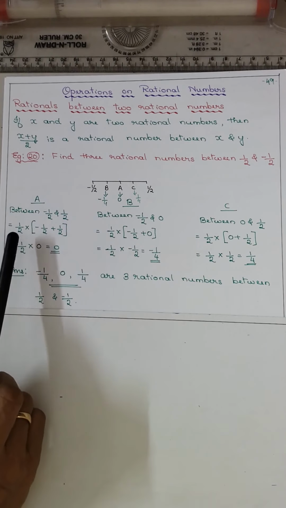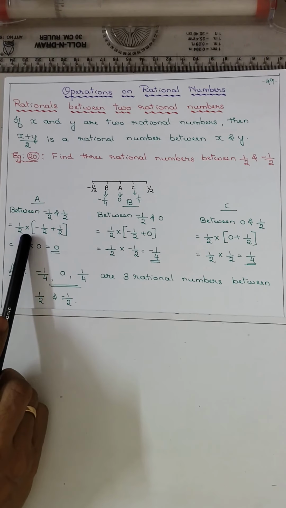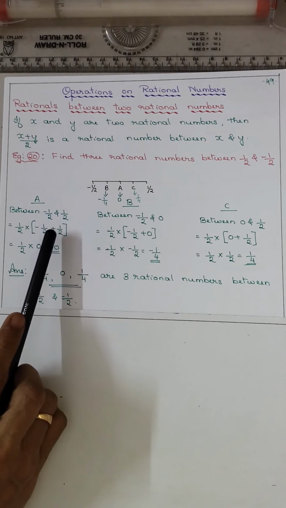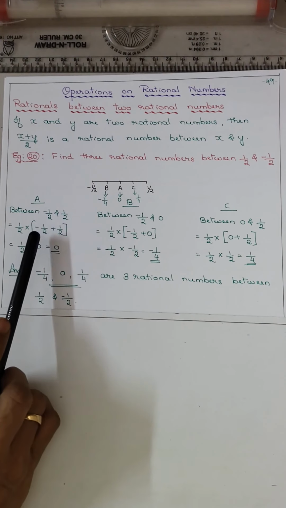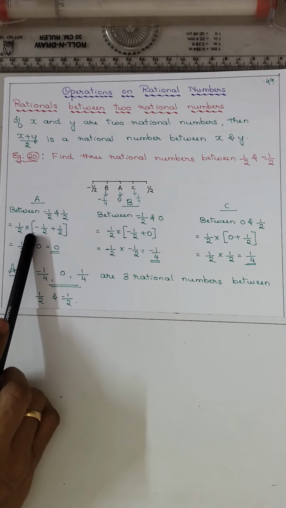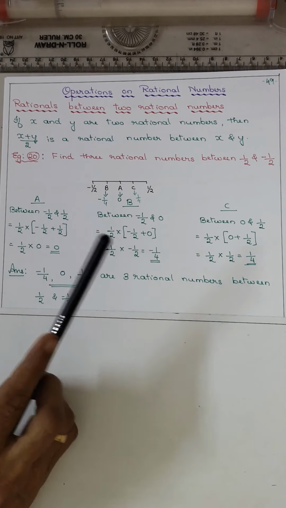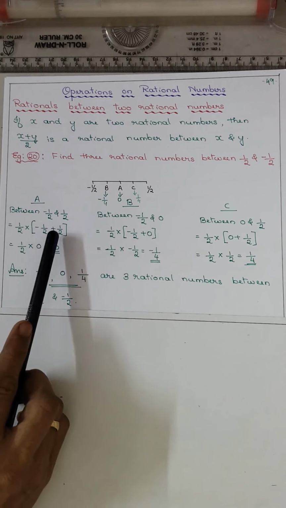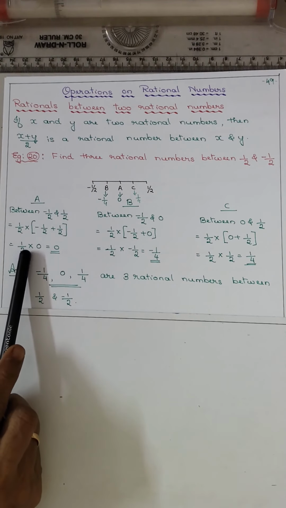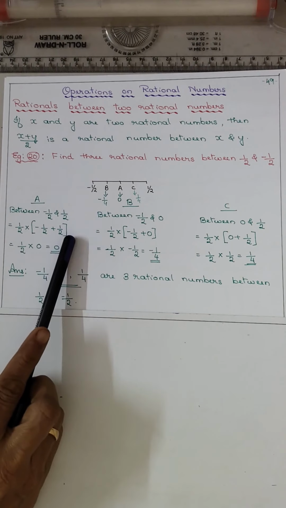So what we have to do? 1 by 2 into minus 1 by 2 plus 1 by 2. This is x, this is y. X plus y divided by 2. That means half into x plus y. Okay. Now half as it is into minus half plus half.